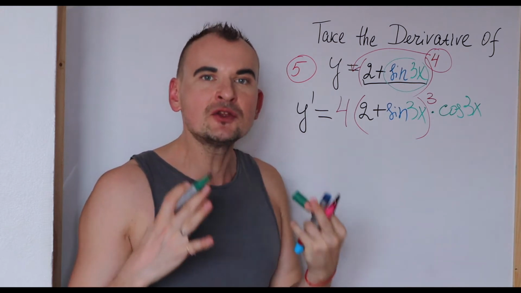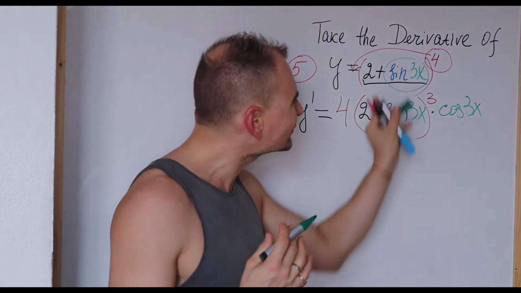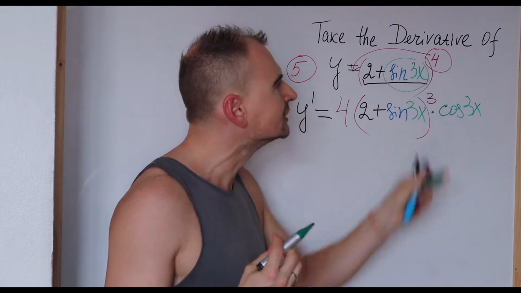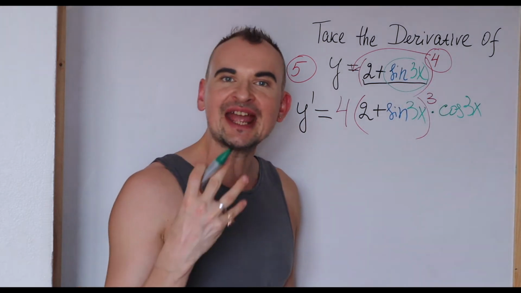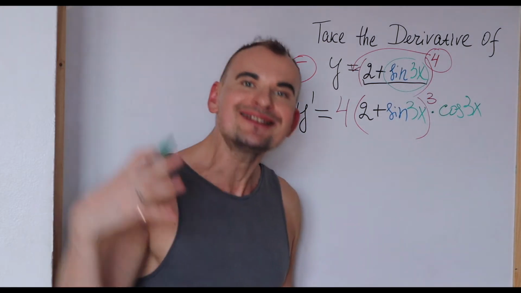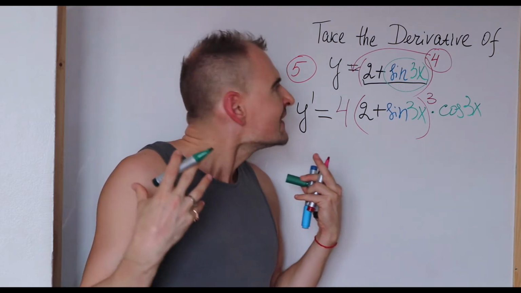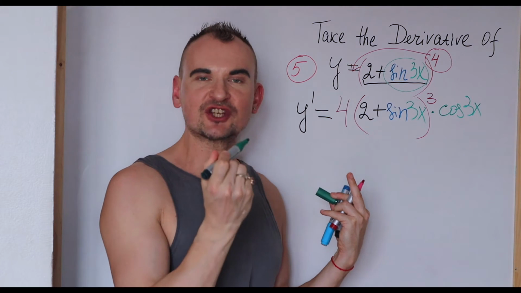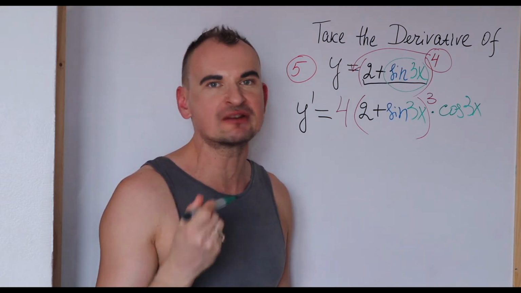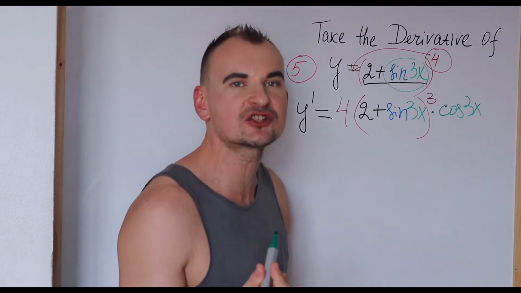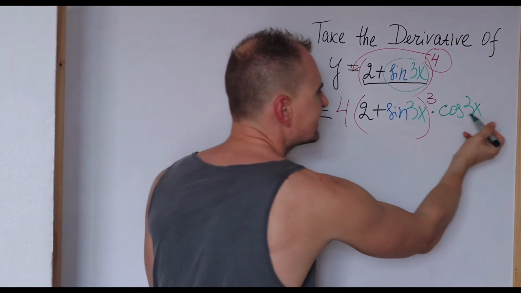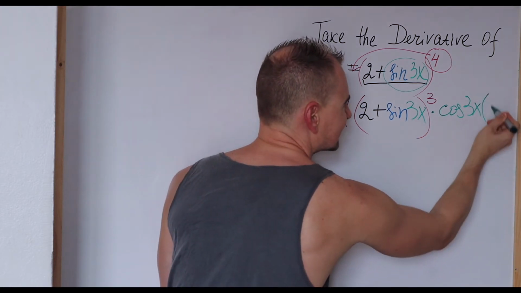And again, we are not done yet, since your original sine is made of 3x. So you have another function of a function, namely 3x inside of sine. So you have to take the derivative of 3x. And the derivative of 3x is going to be just 3. So this thing gets multiplied by 3.